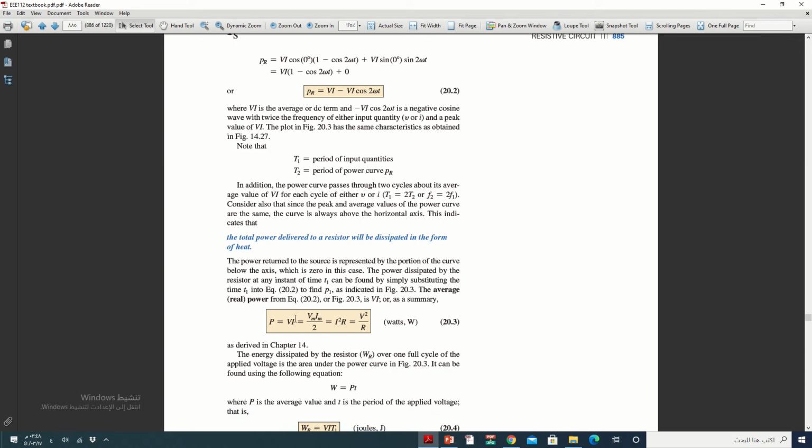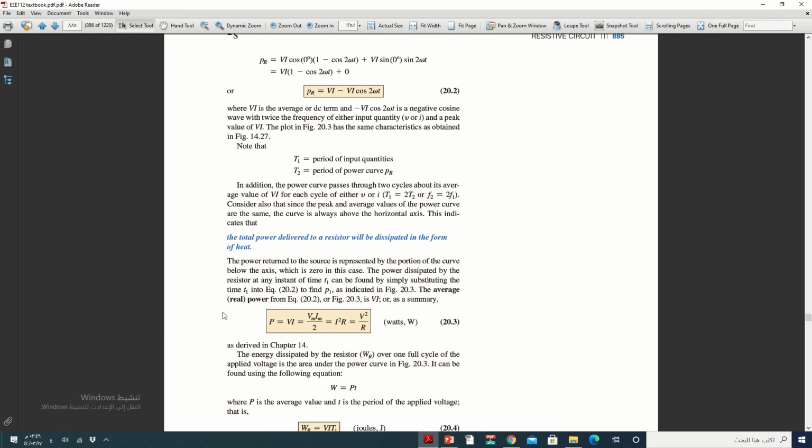The power in the resistor is called average power, or we can say real power. Some books call it active power.